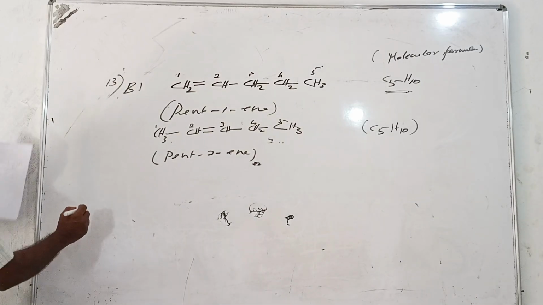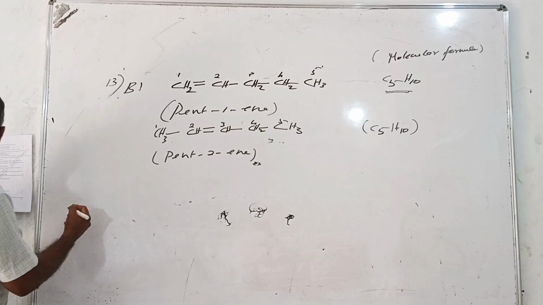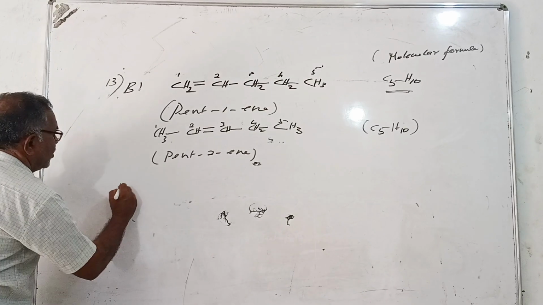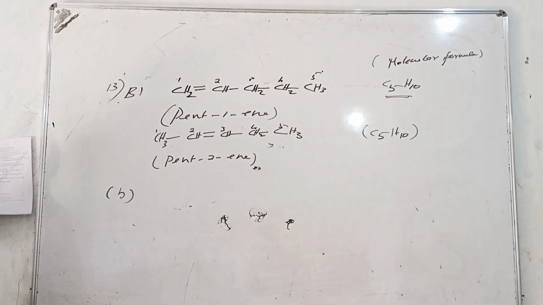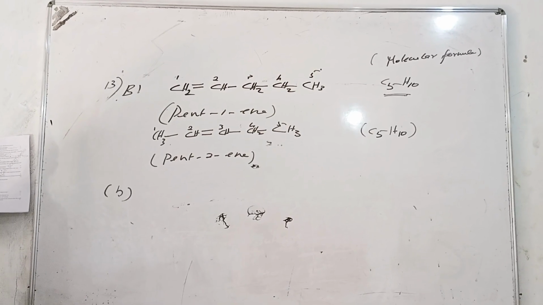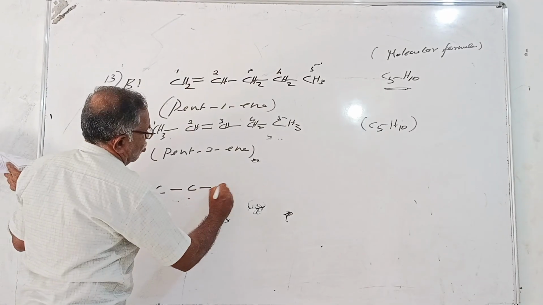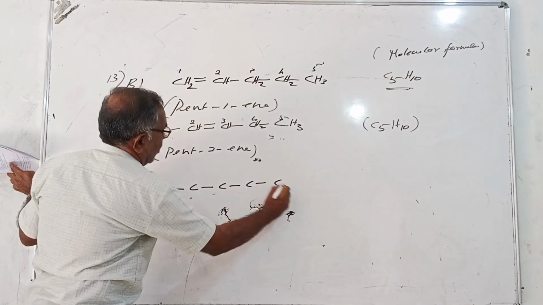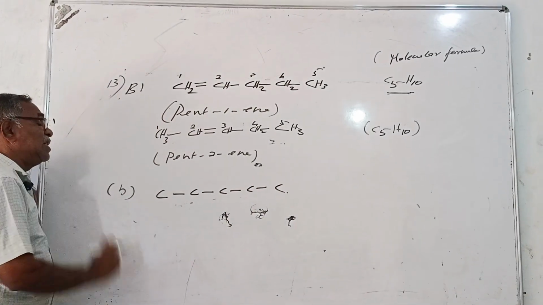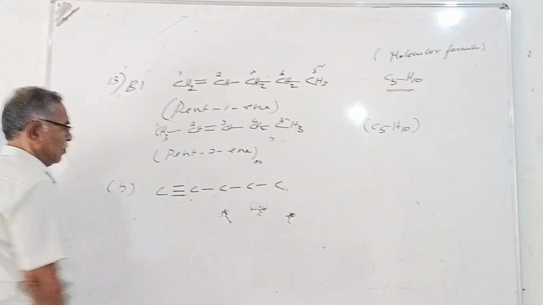So we can write the answer here. Question B: write the structural formula of another unsaturated hydrocarbon having molecular formula C5H8. Write C5, 1, 2, 3, 4, 5. Since it is an alkyne, there must be a triple bond, so give the triple bond here.